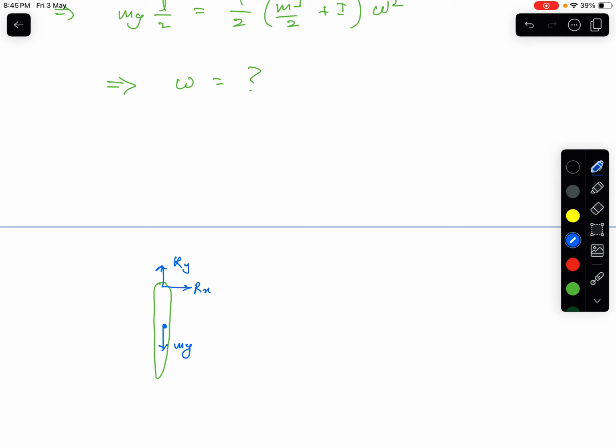In this situation, the acceleration, so the center of mass is going in a motion like this. So this is the velocity.